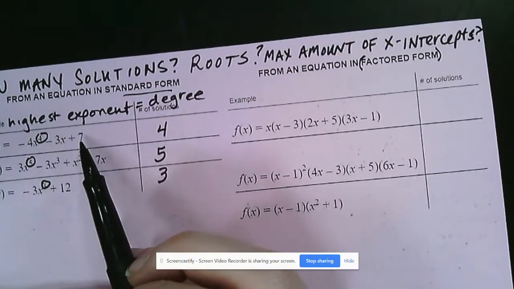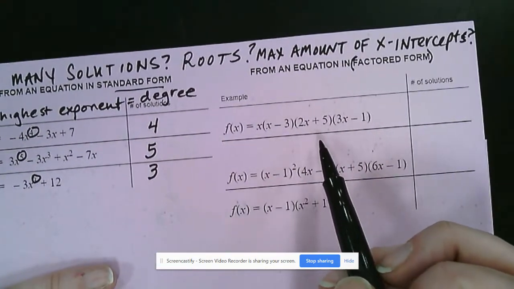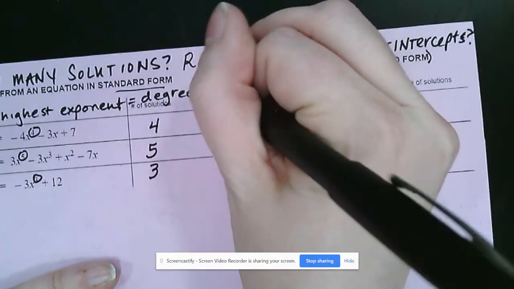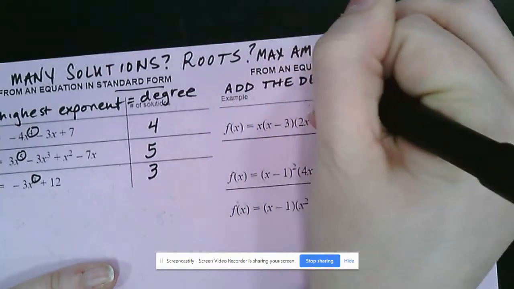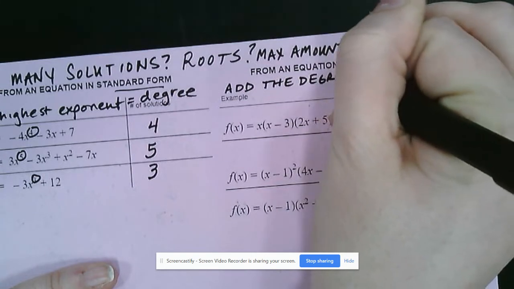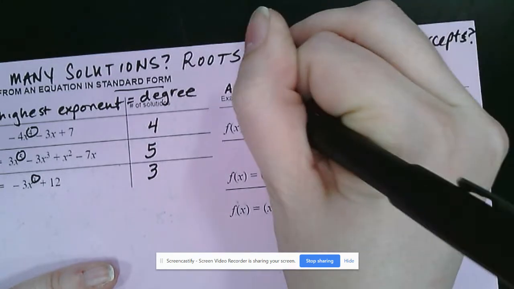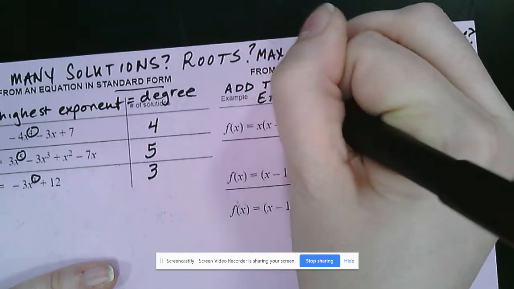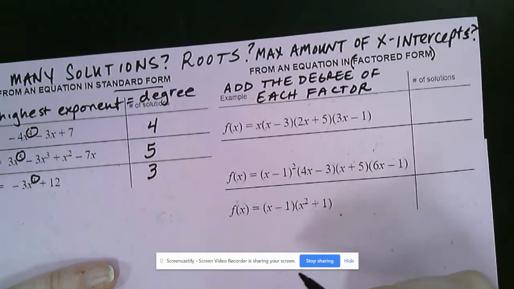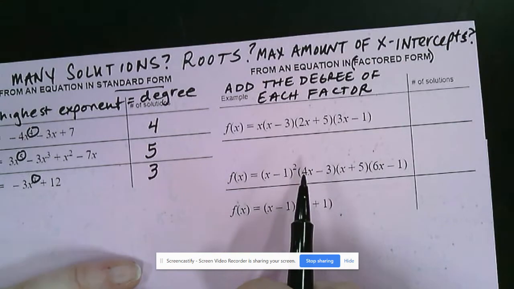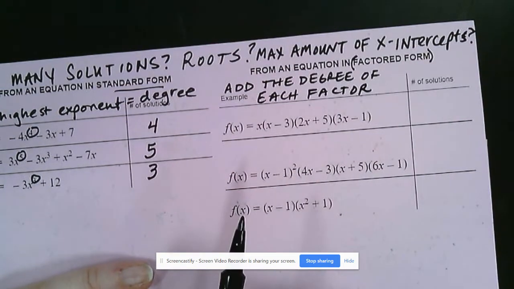Standard form does not. And to do this, we are going to add the degree of each individual factor. So we're going to look at a factor, determine what the highest exponent is on each of them, and then add them together.